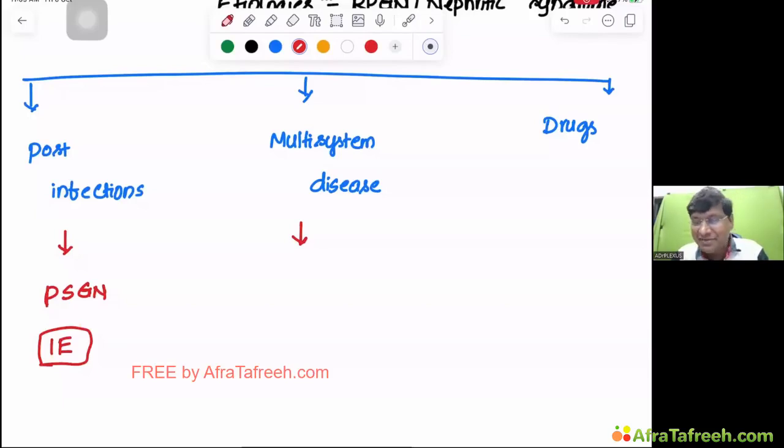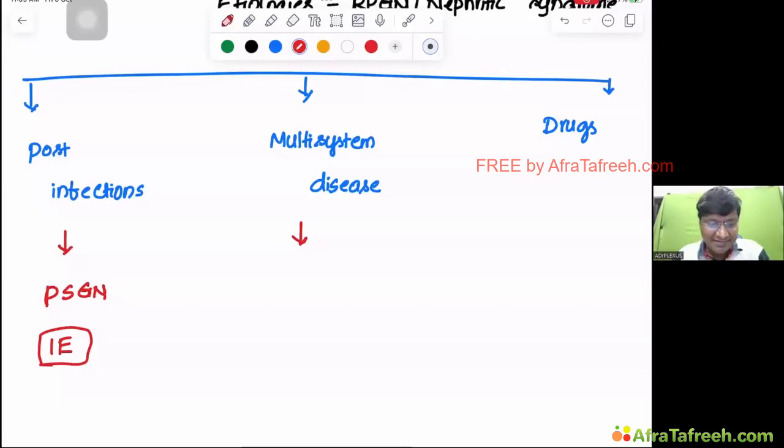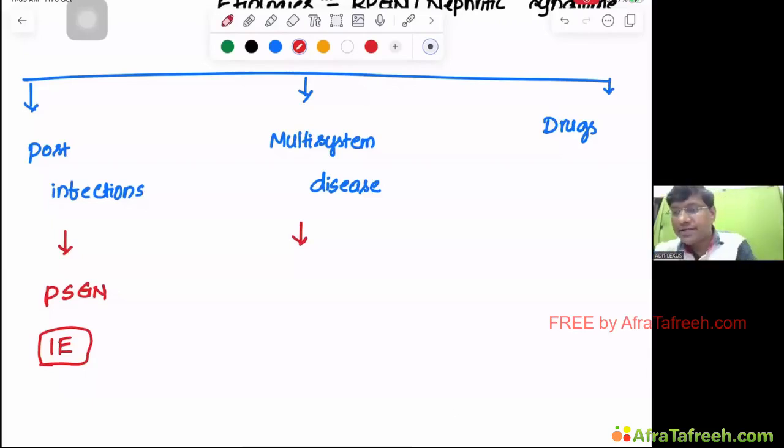Jacob, it is diseased valve only, but which particular diseased valve is the question? That is mitral valve prolapse, the most common risk factor for the development of infective endocarditis.